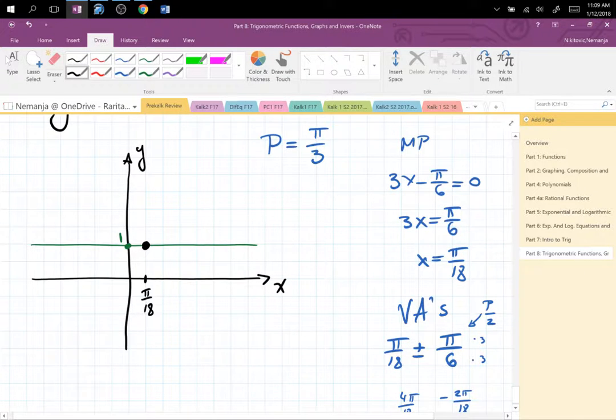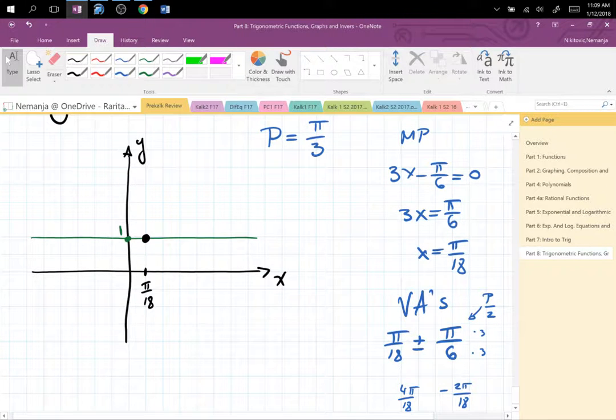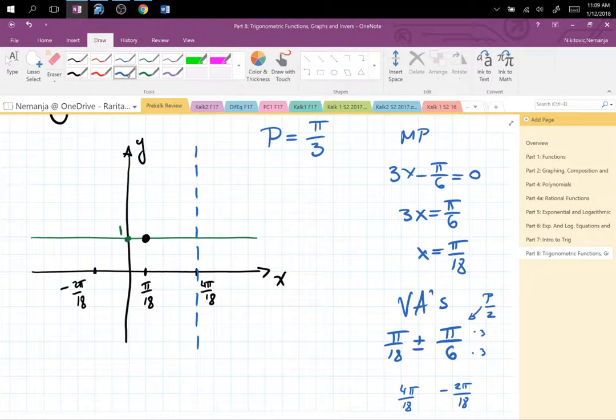Now I need 4 pi over 18, so that's 1, 2, 3, 4 pi over 18, and that is my right-hand vertical asymptote. Then I need negative 2 pi over 18, which is right here, and that is my left vertical asymptote.